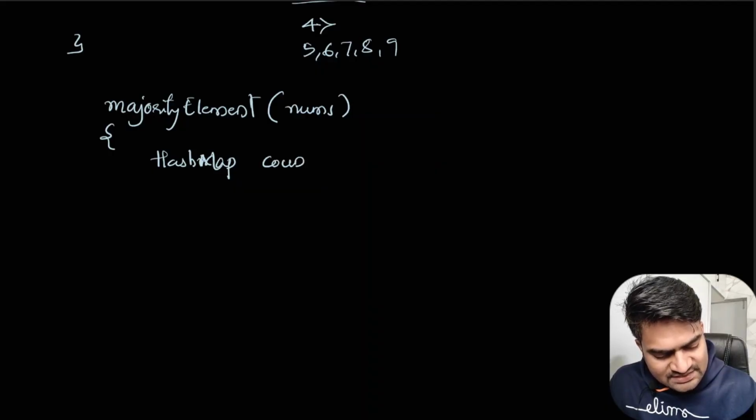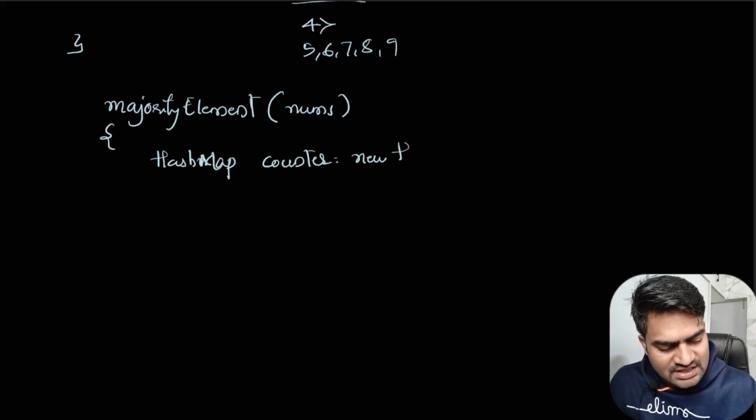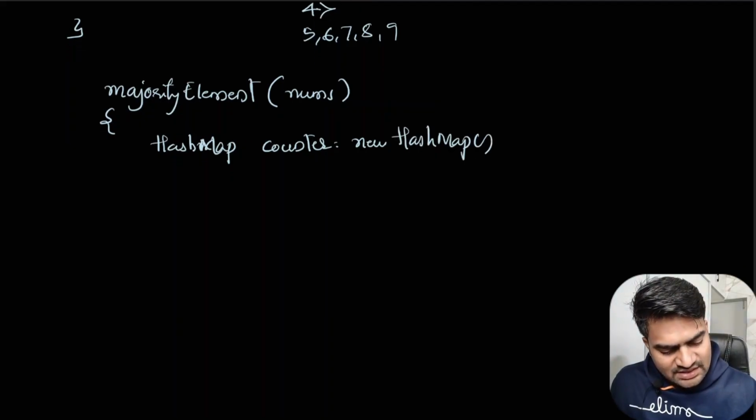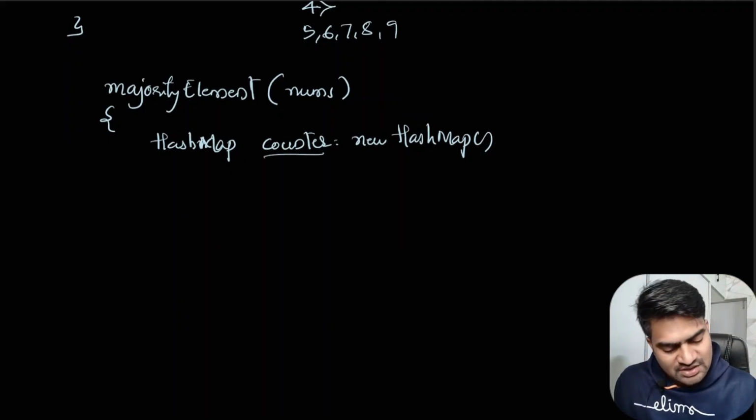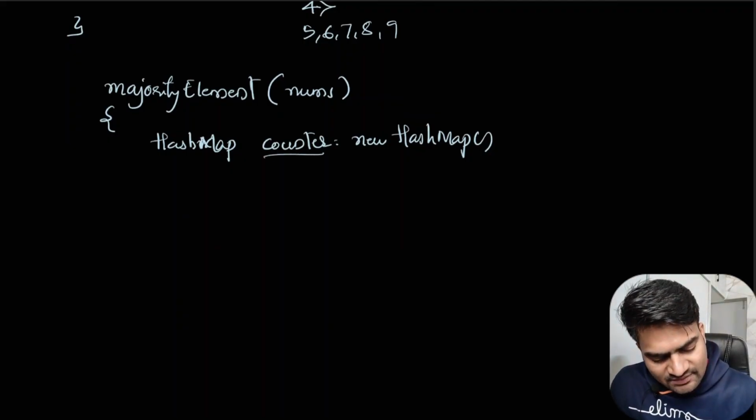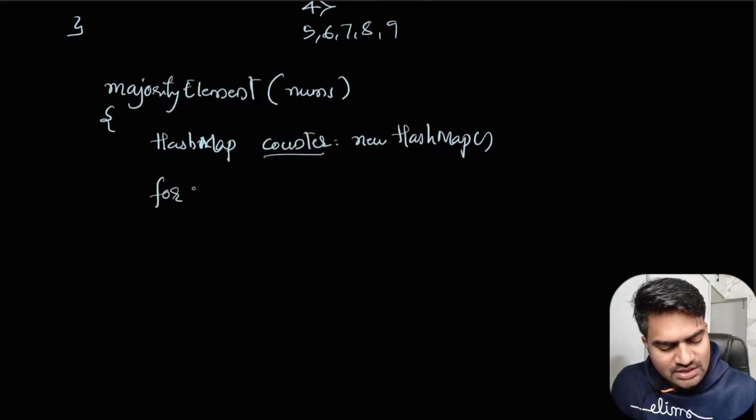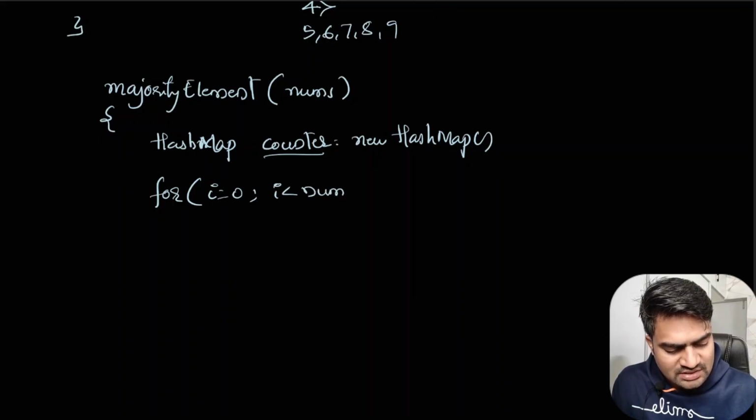I will name it counter, a new hash map. Okay, so I will keep this hash map. Now I will iterate over my array of nums: i equal to 0, i less than nums.length, i++.